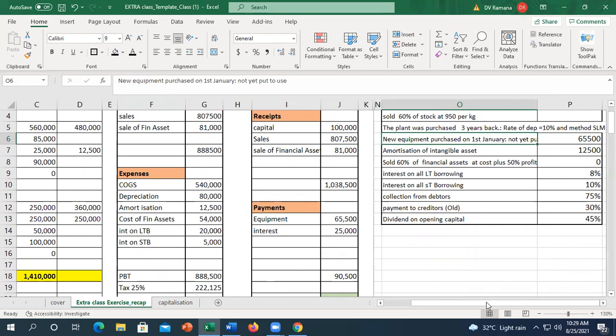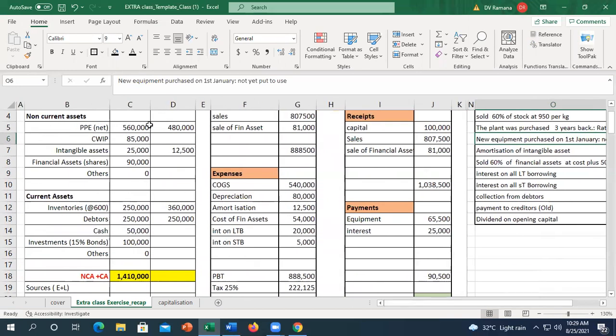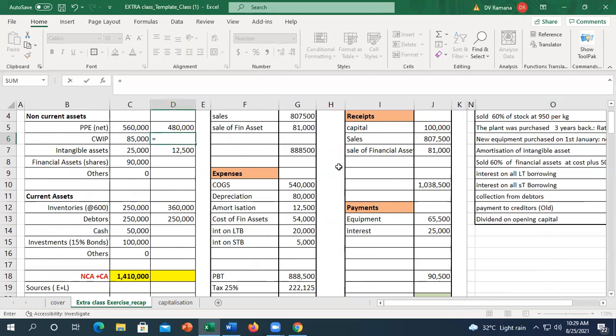So therefore, because it has not been put into use, we will not include it under the property, plant and equipment. We'll put it as part of capital work in progress. Since it is capital work in progress, we don't charge depreciation on it. Our depreciation is only on the property, plant, equipment.